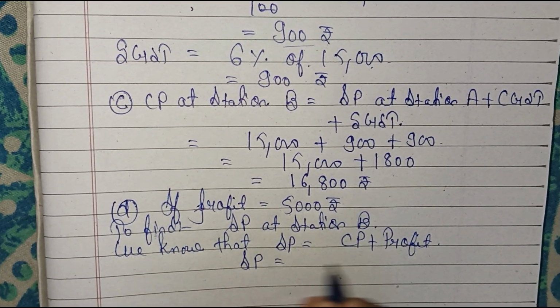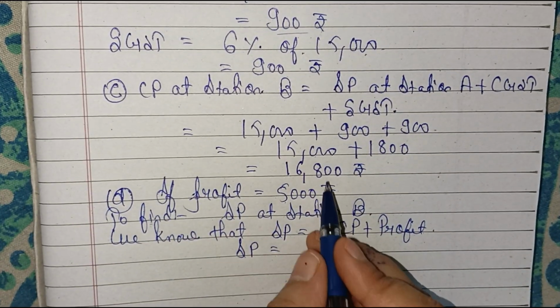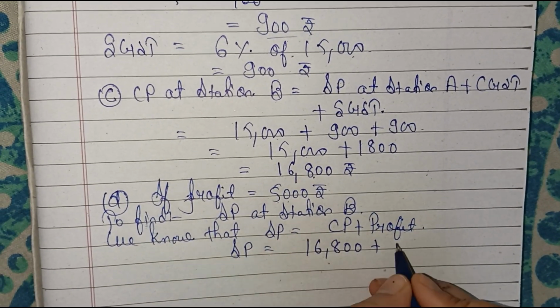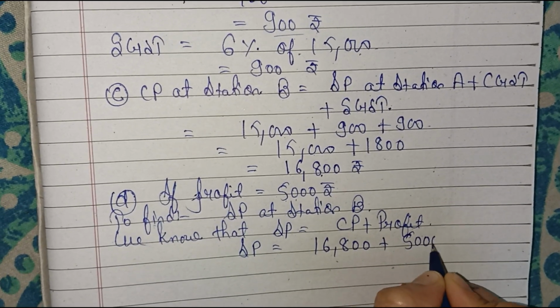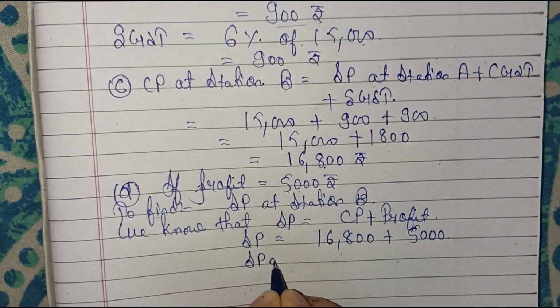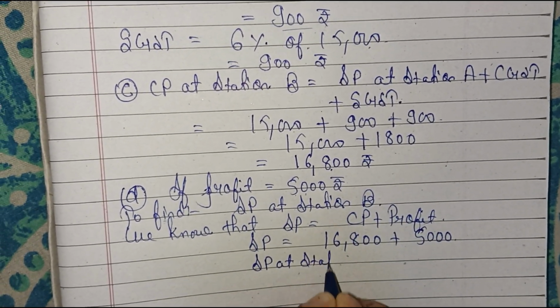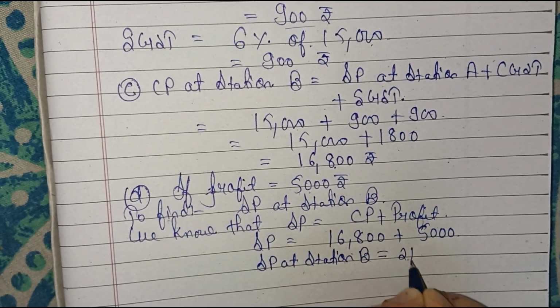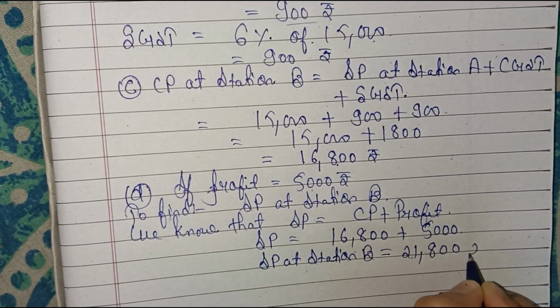SP equal to, here CP at station B equal to 16,800 plus profit equal to 5,000. So SP at station B equal to 21,800 rupees.